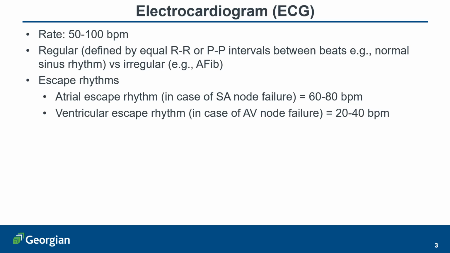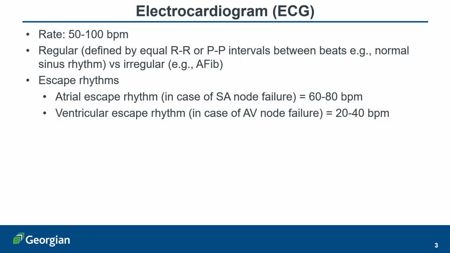We'll also discuss the various escape rhythms, such as the atrial escape rhythm in the case of sinoatrial node failure. In that case, if the SA node is not functioning properly, the AV node will take over, but in that case, the heart rate will drop because the AV node intrinsically fires at a lower rate. So now the heart rate will drop from the regular 50 to 100 to about 60 to 80 beats per minute.